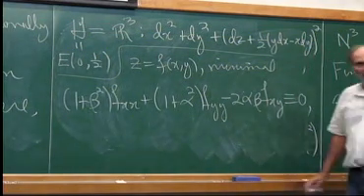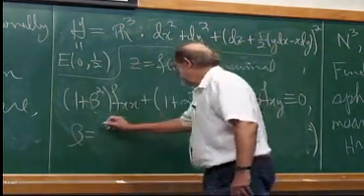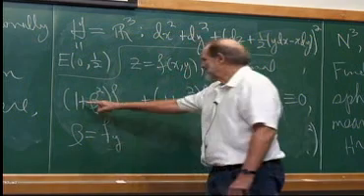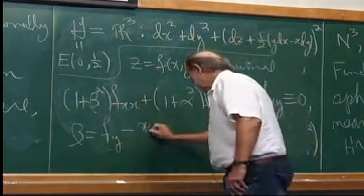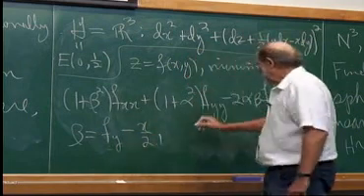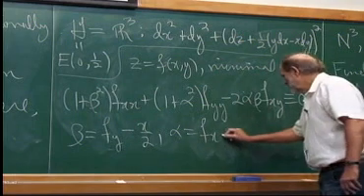What are alpha and beta? In Euclidean space, beta would be f sub y, so this term would be 1 plus f sub y squared. The correction term here is minus x over 2. And alpha is the partial with respect to x plus y over 2.